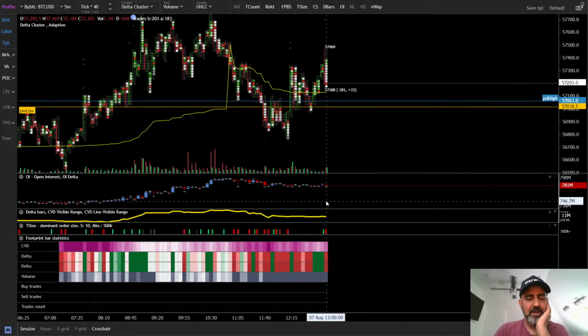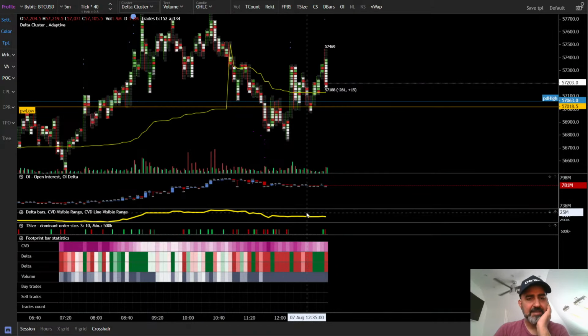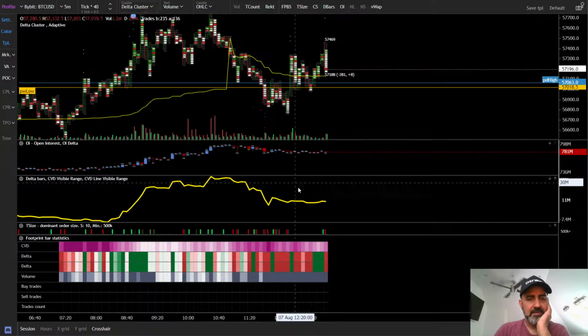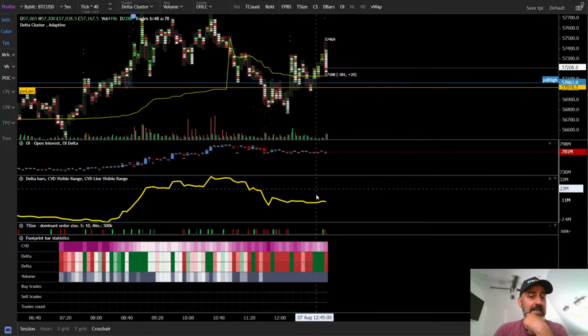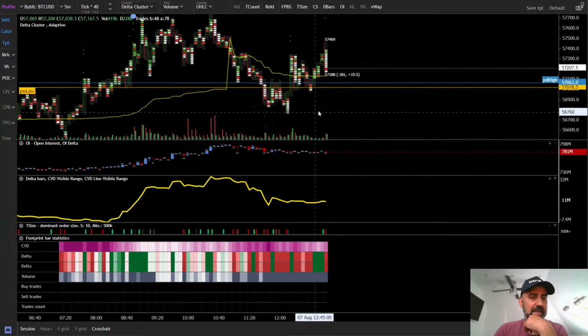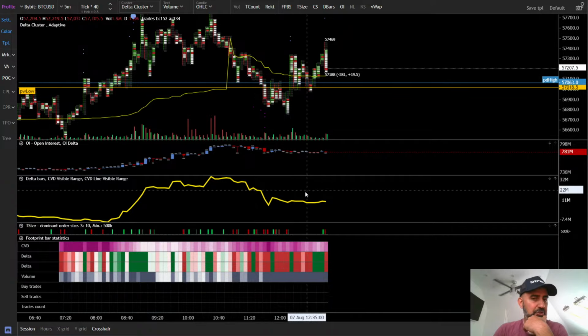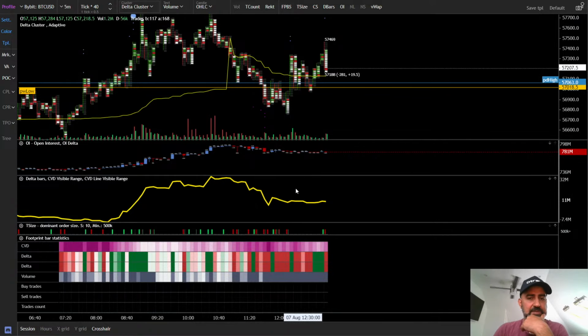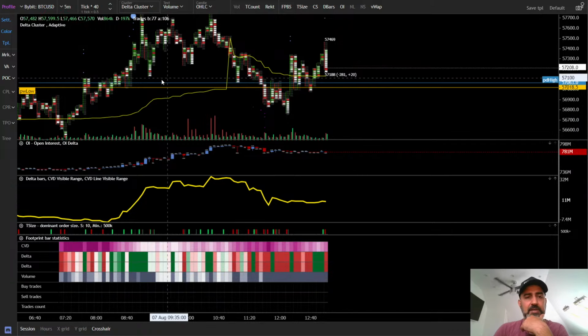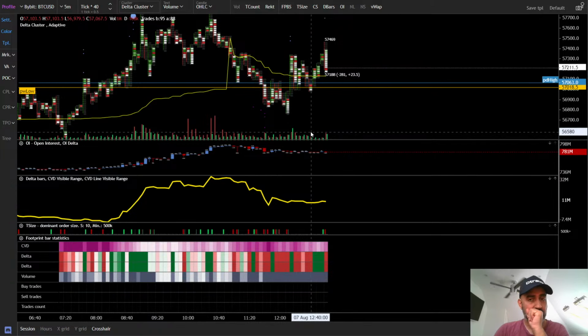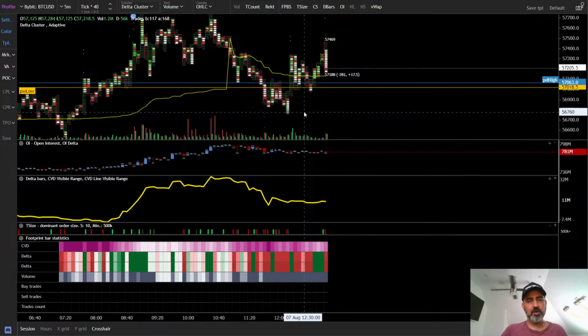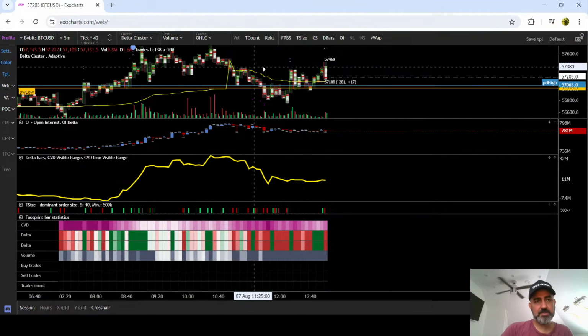Here I'm not seeing crazy longing. I can still see bullish absorption here. I'm not seeing bearish absorption at the moment. So you see that the CVD is making lower lows while price is making higher lows. Okay, so that gives me a clue that there's still more up in this price action, right?